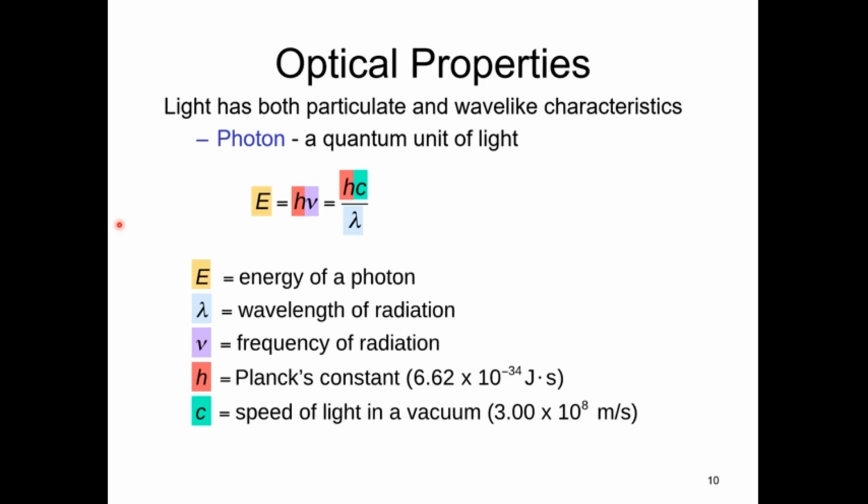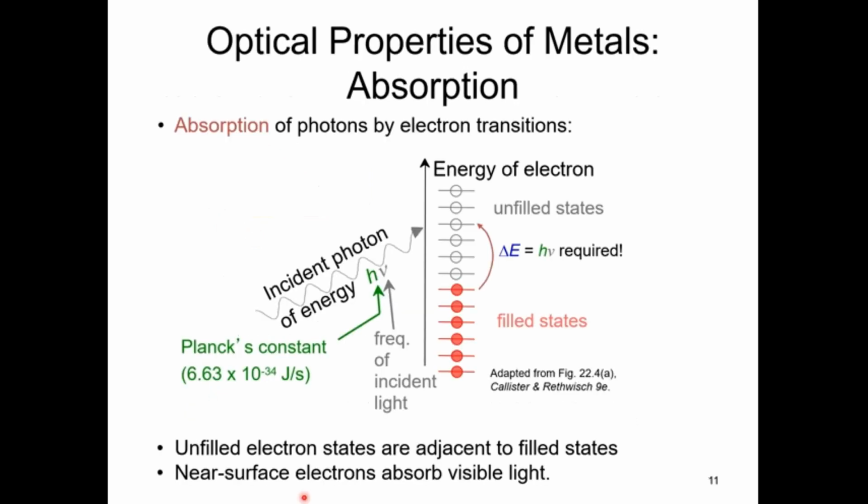For a photon of electromagnetic radiation, the dependence of energy on frequency and also velocity and wavelength is shown in this well-known equation of energy. The radiation of light on a material can be either reflected, absorbed, or transmitted.